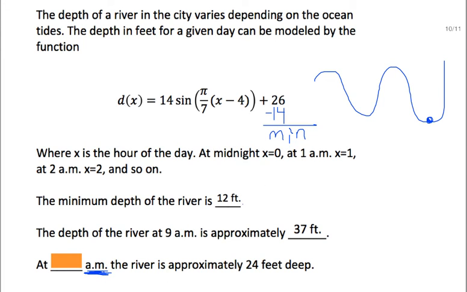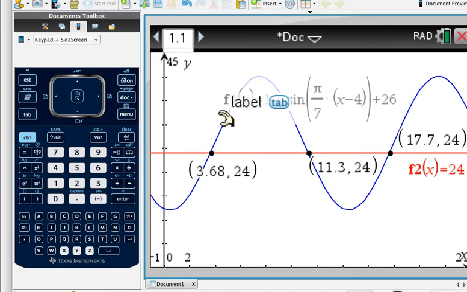Okay, so that tells us that we need to pick one of our values in the morning, and we can either pick 11.3 or we can pick 3.68. We need to decide, okay, which one are we going to pick? We're not going to pick 17.7 because that's in the afternoon. We want to pick something that's less than a 12, okay, because 12 is noon.